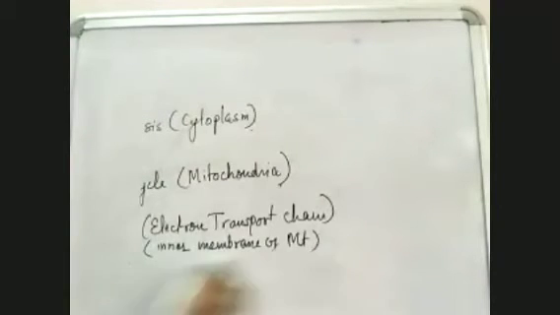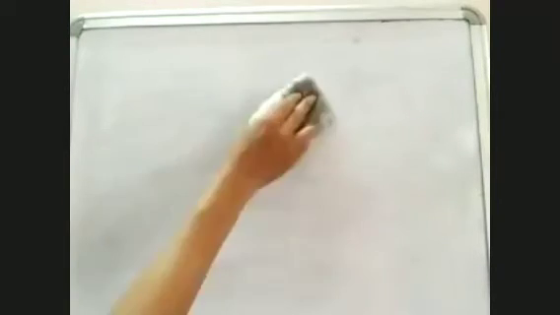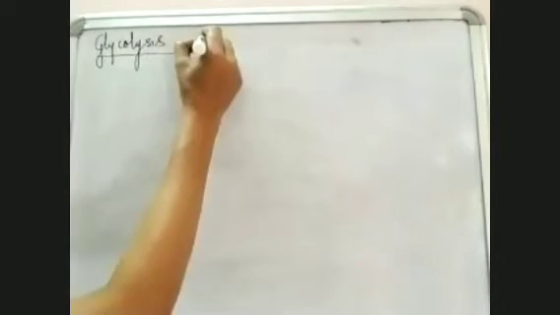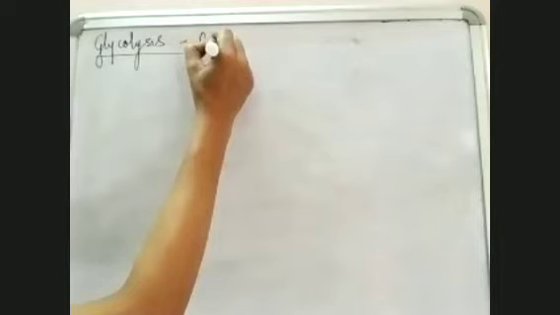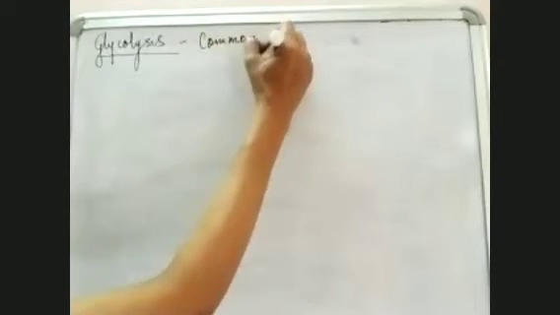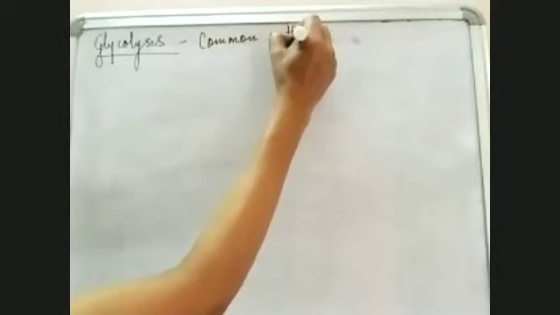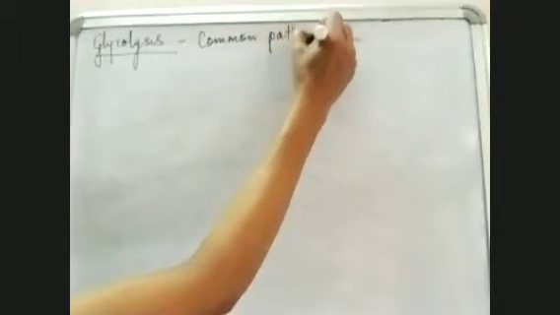Now we come to the first process of respiration, which is glycolysis. So we will start with glycolysis. As I told you, glycolysis is the common pathway for aerobes and anaerobes.